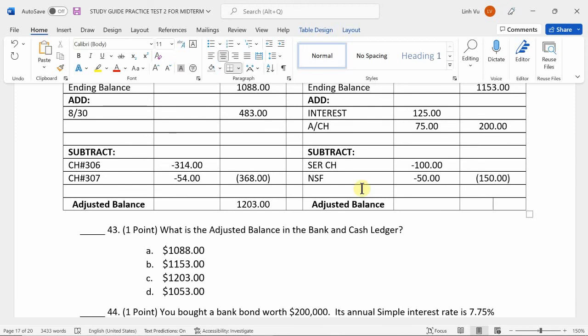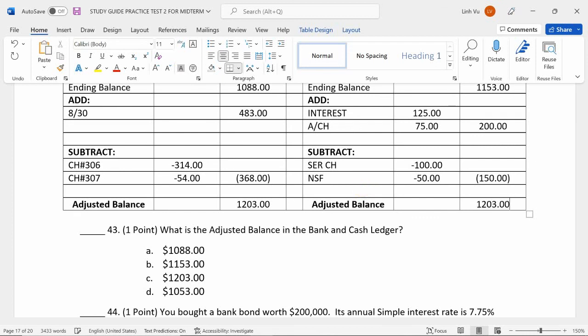Okay, so what is this? If you started out with $1,153 plus 200 gives you $1,353 minus $150. 1153 plus 200 minus 150 should give you 1203.